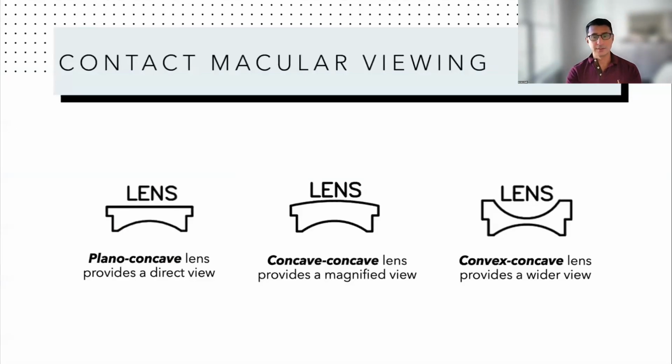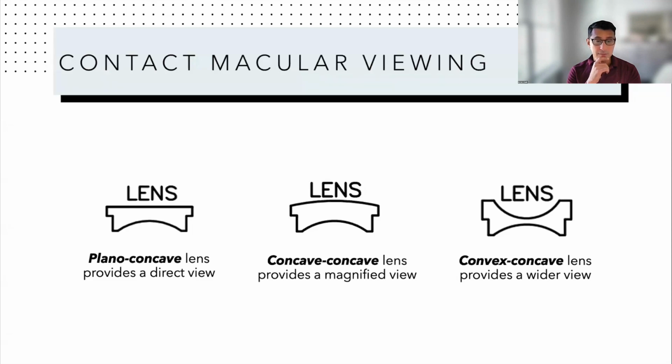So contact macular viewing systems come in those three flavors that we talked about: concave, convex-concave, and plano-concave. These all offer different viewing experiences. On the far left, a plano-concave view is going to give you a direct view. It's kind of an unaltered view of the retina. You're seeing it one for one.